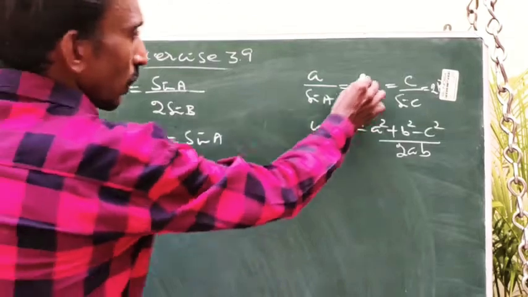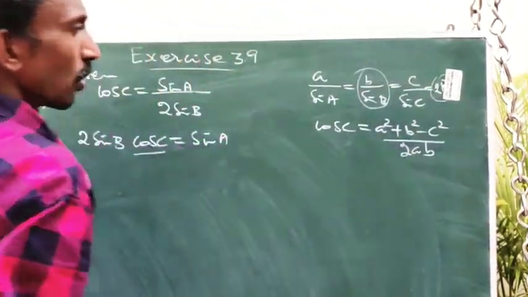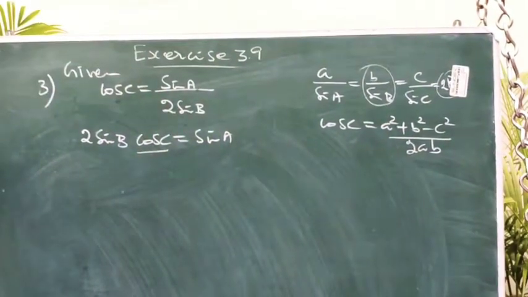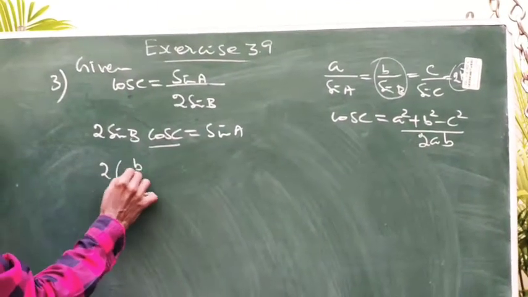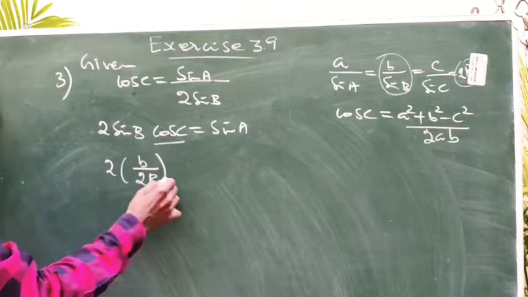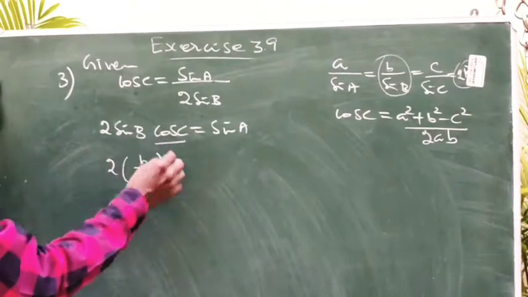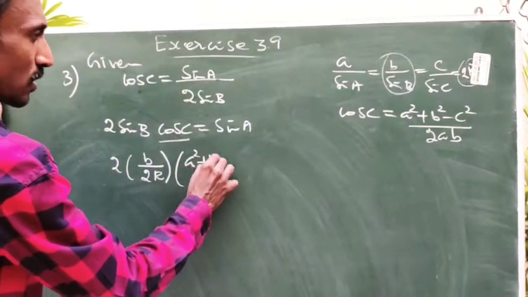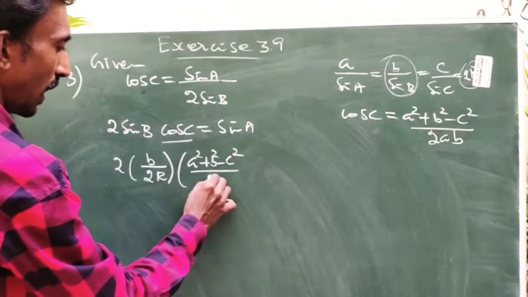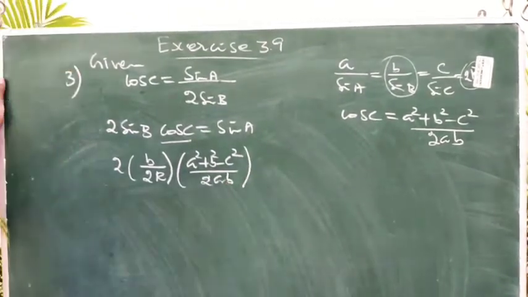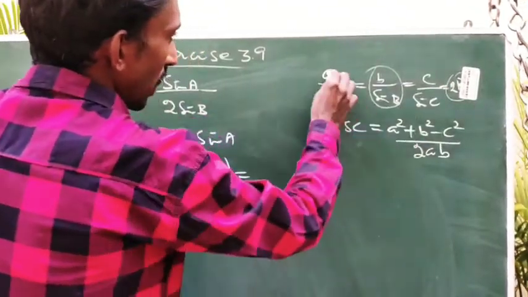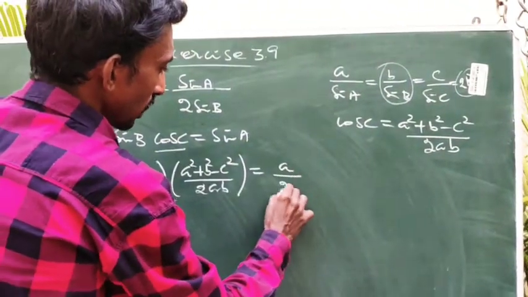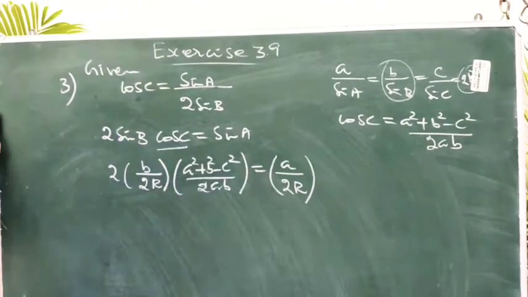Equate the second: sin B is b by 2R, so 2 into b by 2R is the sin B value. And cos C value is (a square plus b square minus c square) by 2ab, equal to, again, what is sin A? Equate the first one, a by 2R. So sin A is a by 2R.